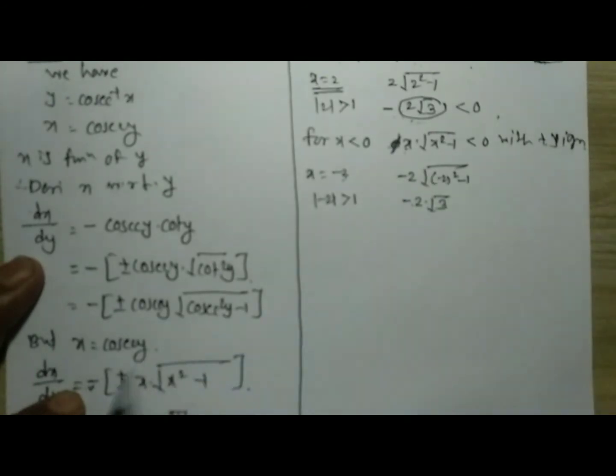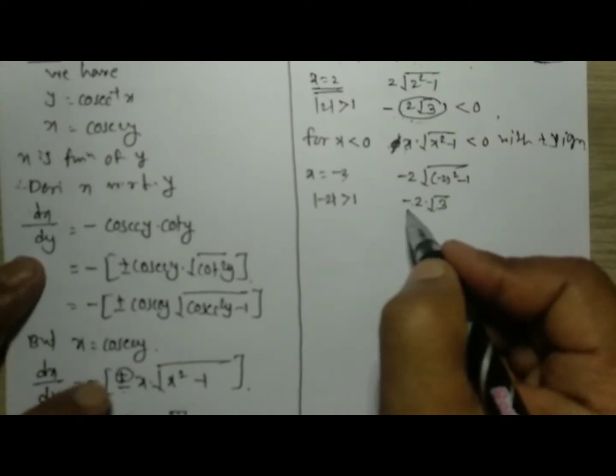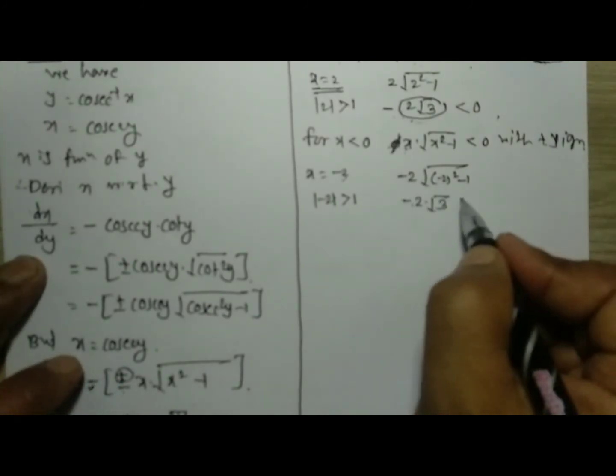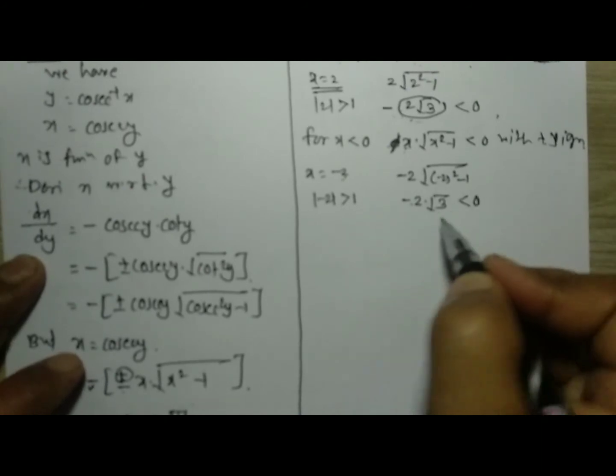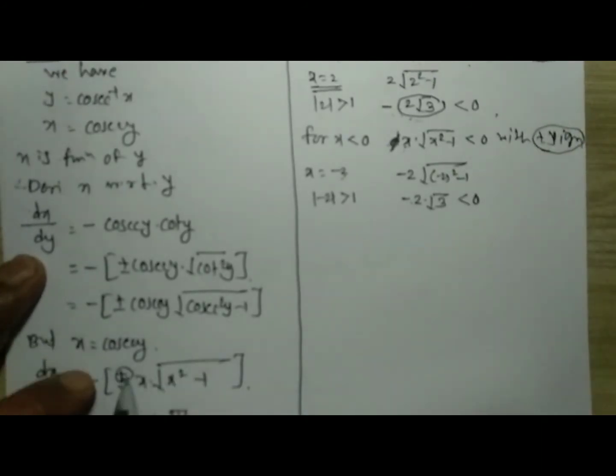First of all, this positive sign, and then we will take the negative sign, and therefore you will get the positive sign of that, it becomes negative and it is less than 0. That means this positive sign is important. With the negative sign, it becomes positive and it is greater than 0, no doubt.